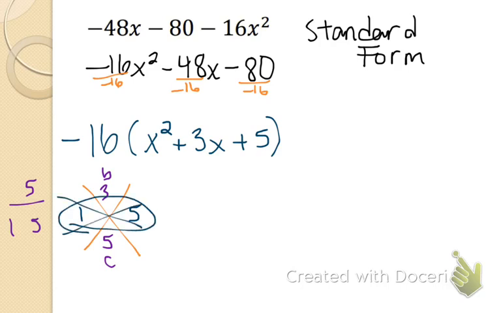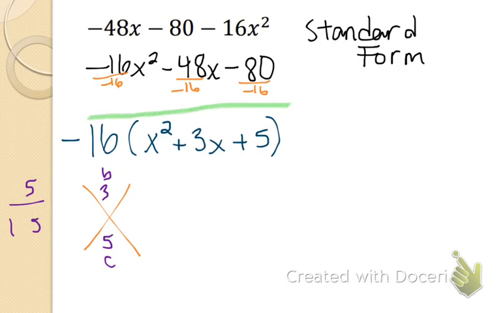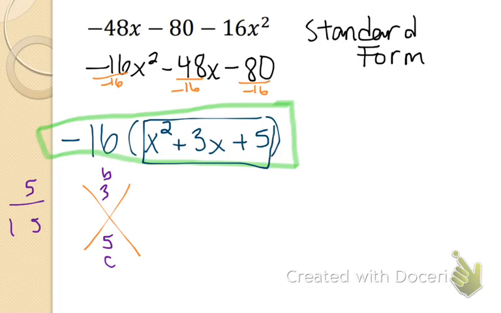These cannot give us a 3, so this is as far as we go when it comes to factoring. That's it. We were only able to take out a negative 16. We cannot do anything else with what's inside of the parentheses. So that's our final answer. And that's it.